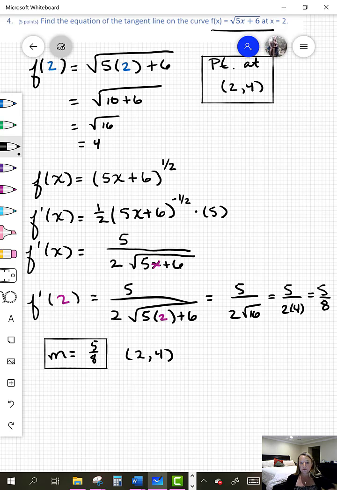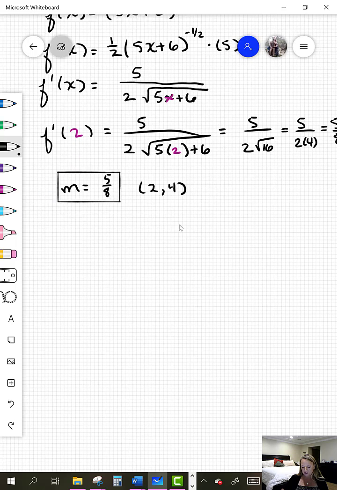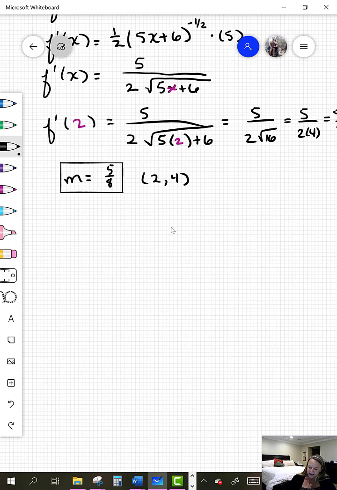So you can use the point slope formula, or we can just go in and figure out what b is using the slope intercept formula. And so we have y, which is 4, is equal to x, which is 2, times our slope, 5/8, plus b. So 4 is equal to 10, or I guess that reduces.